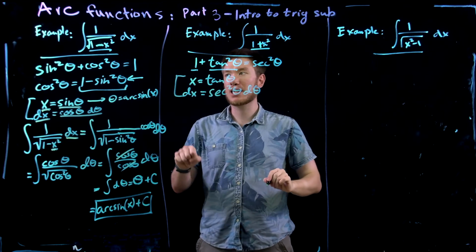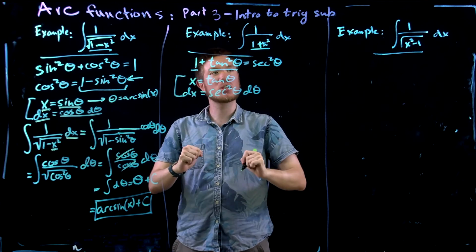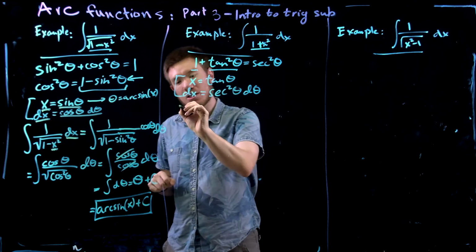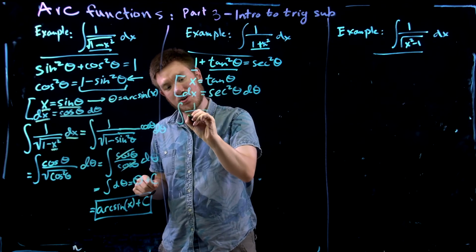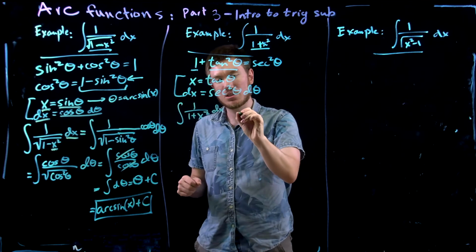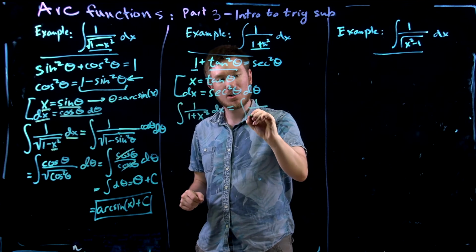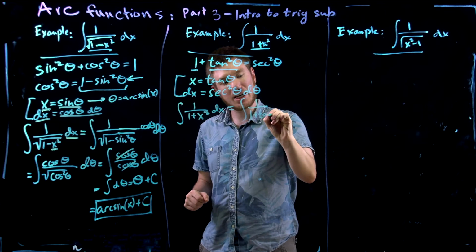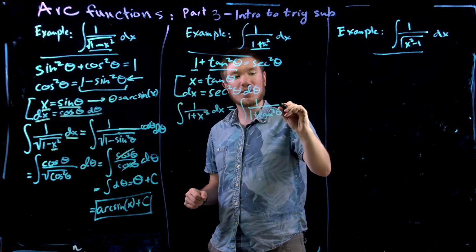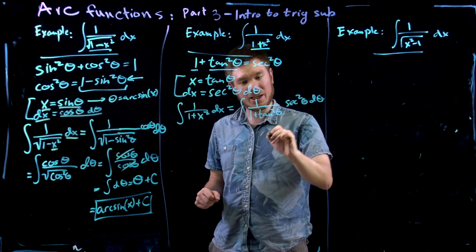And just like in the first example, everywhere we see x, we'll substitute in tangent, and where we have dx, we'll substitute in secant squared theta d theta. So the integral of 1 over 1 plus x squared dx equals the integral of 1 over 1 plus tangent squared theta, and then dx we said is going to be secant squared theta d theta.